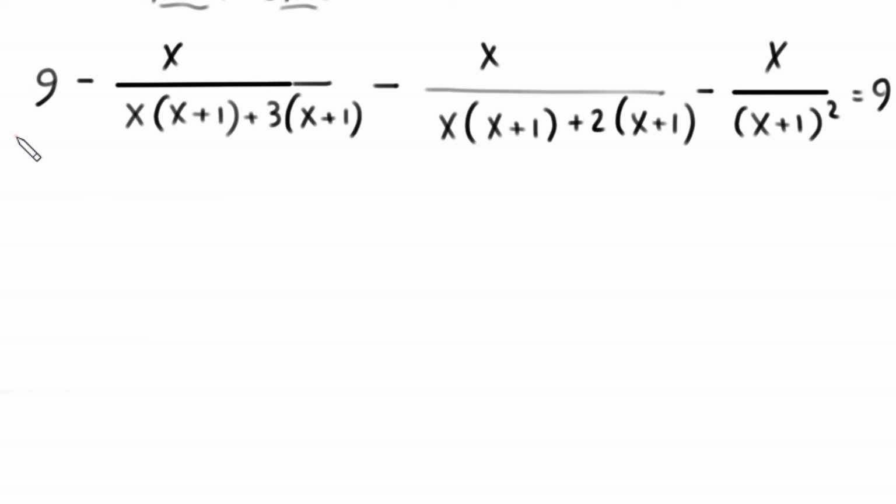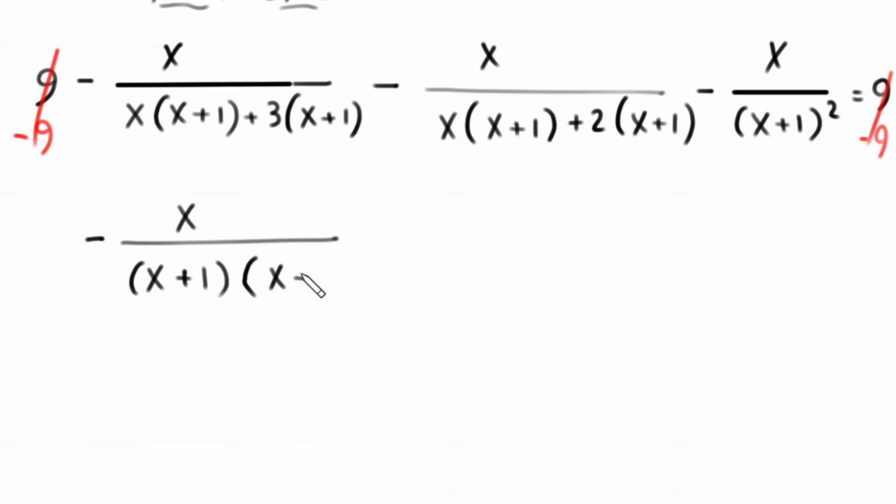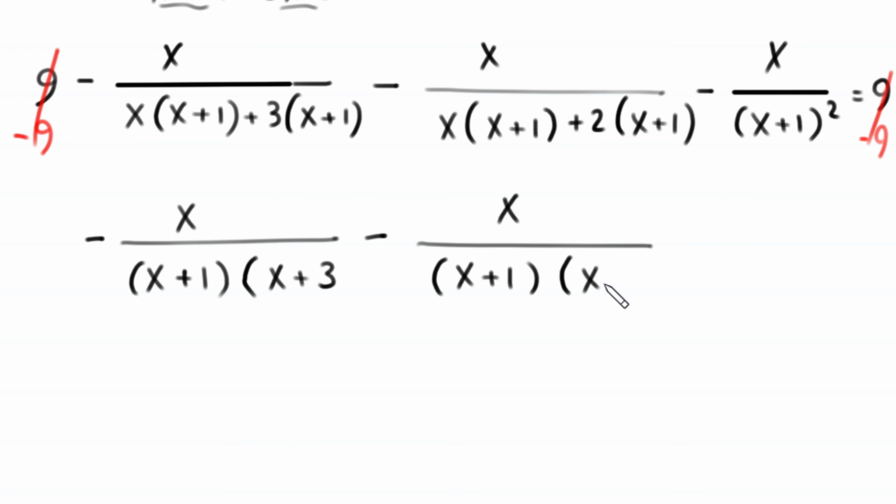Now we subtract 9 from both sides, so this cancels out and this cancels out, and this becomes negative x divided by (x + 1) times (x + 3), minus x divided by (x + 1) times (x + 2), minus x divided by (x + 1) squared, equal to 0.